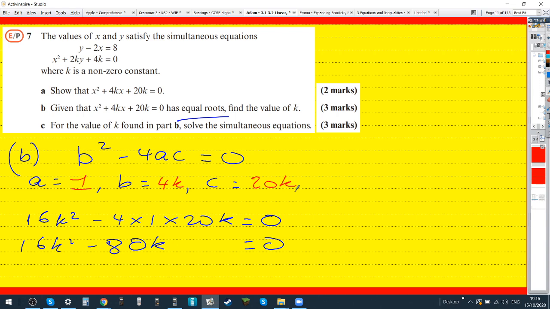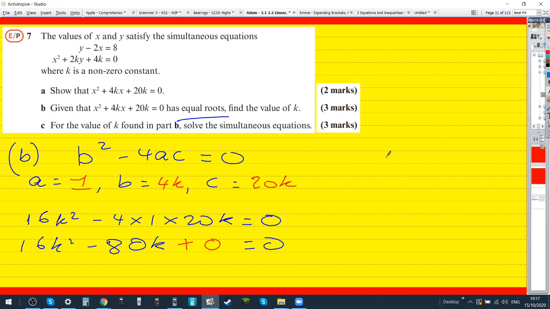Calculator. Wait, so am I supposed to put 16 squared minus 80k plus... Oh, put it into the calculator plus 0. Okay.